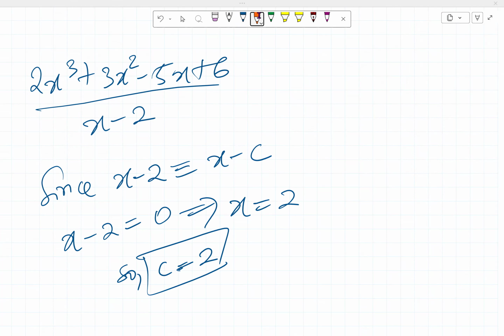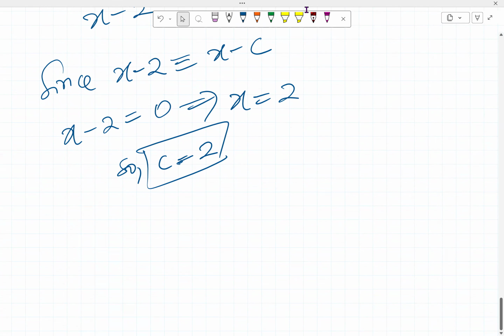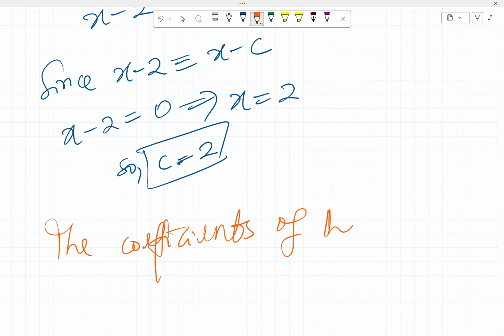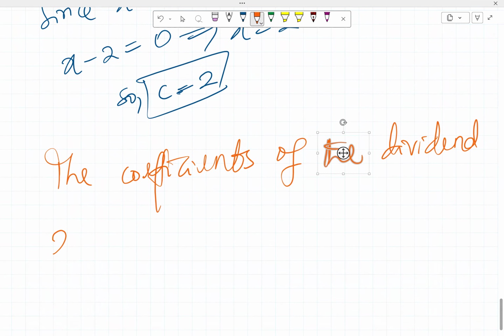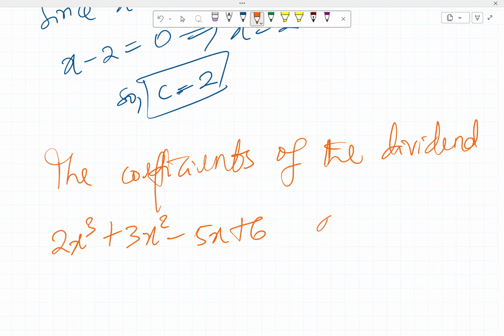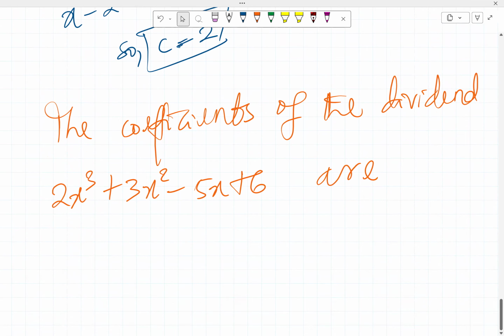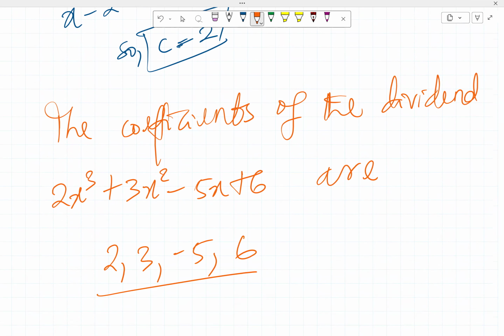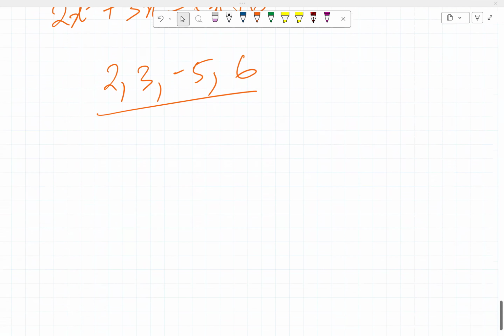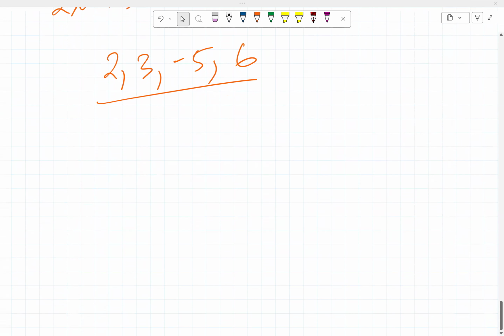Now, since that is established, we talk about the coefficients of the dividend, 2x cubed plus 3x squared minus 5x plus 6. You have 2, 3, minus 5, and 6. So these are the coefficients, right? Then we can go ahead for the synthetic process.